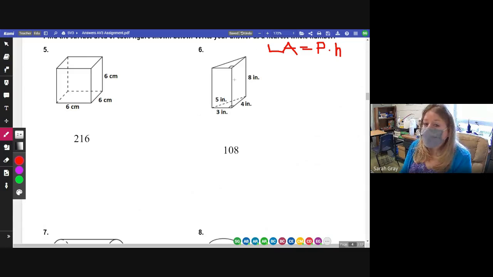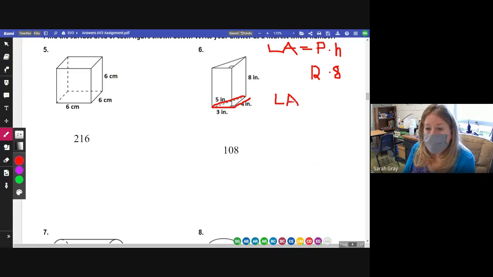When you unfold it, these are just rectangles for the lateral area. Perimeter is 3 plus 4 plus 5, so that's 12. And the height is 8. When I'm talking perimeter, I'm talking perimeter of the base, which in this case is the triangle. So our lateral area is 20.